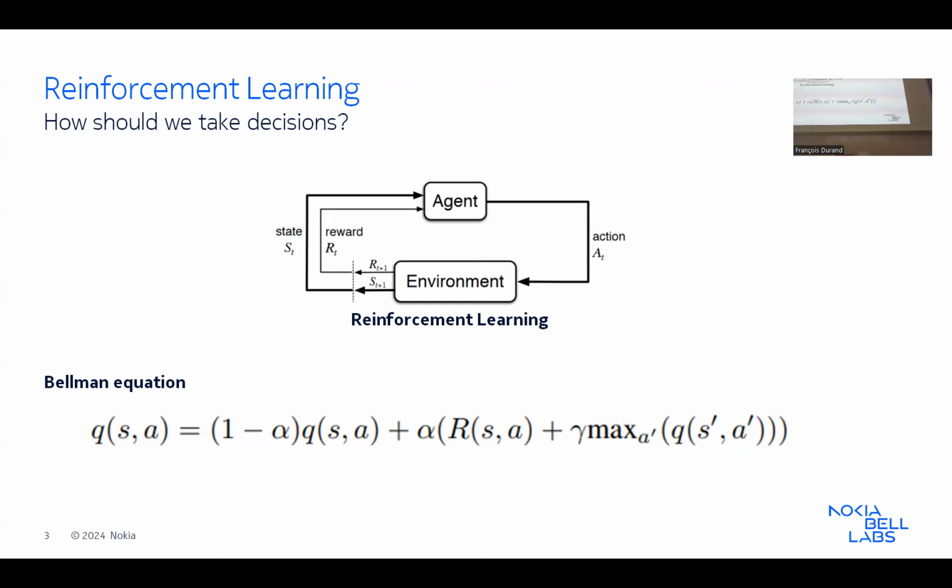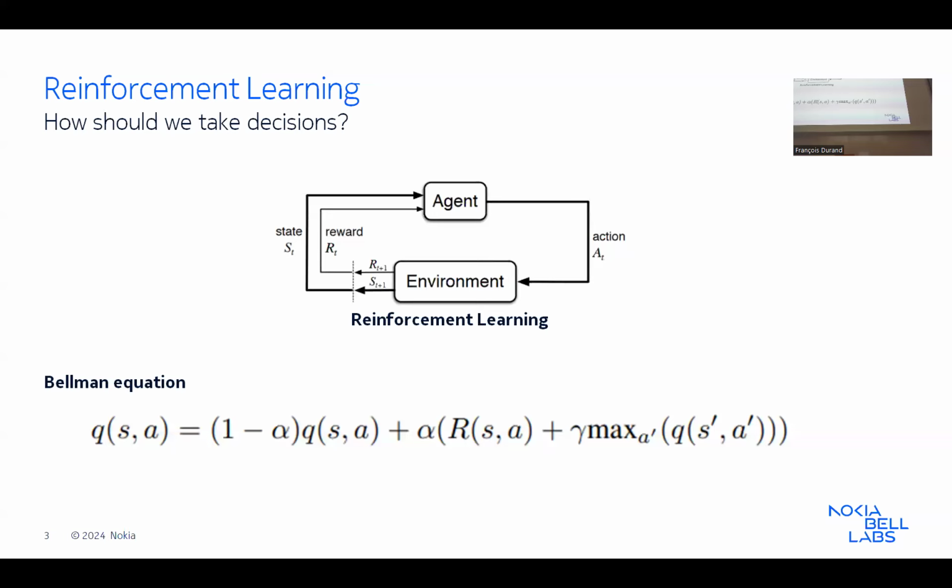The Q value is the fixed point of this equation here, and you can think of it as the long-term reward of taking action A in any given state. You can think of this as coming from playing the game continuously, so you keep on updating this average estimate of the reward. That's driven by this alpha parameter.